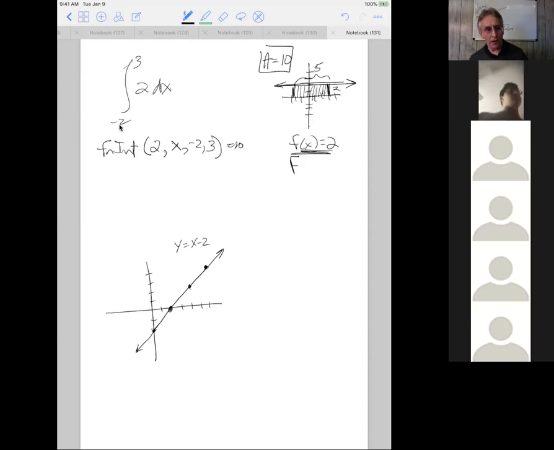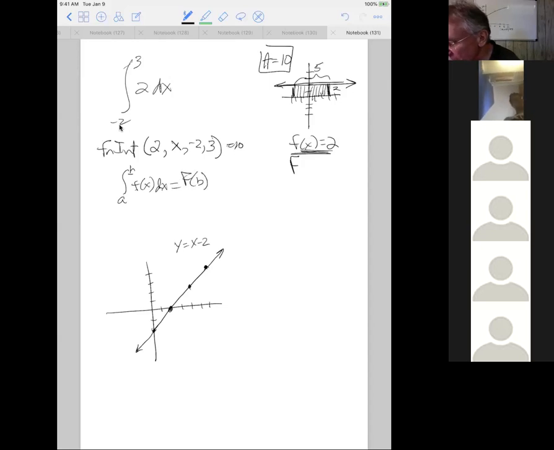Okay, so let's do this longhand now. I'm going to do it using the fundamental theorem of calculus. It says that if you've got the integral from a to b of little f of x dx, it is equal to cap F of b minus cap F of a.